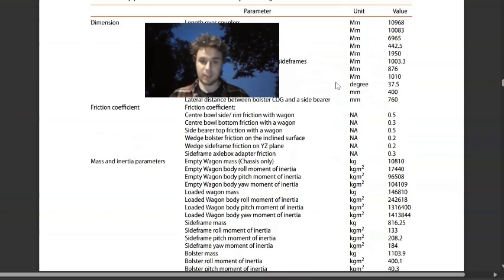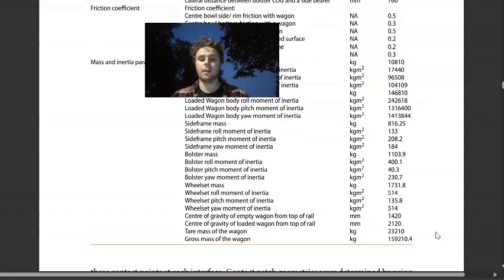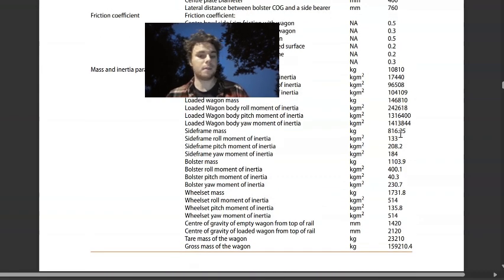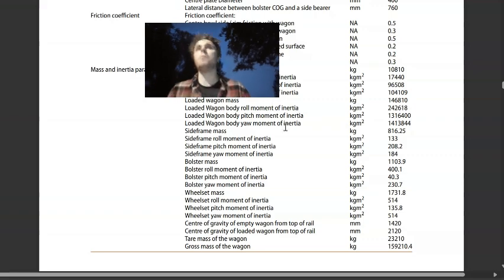So we can see the weight of some of these factors and how they influence the train derailment model. For example, the entire mass of the wagon is weighted very high. That is a good indicator of derailment, while the side frame mass is weighted low but still positive, as well as the roll, pitch, and yaw.